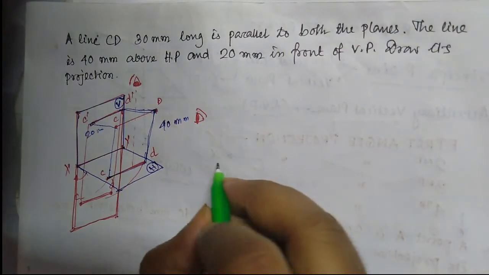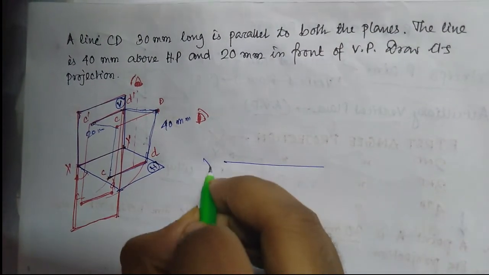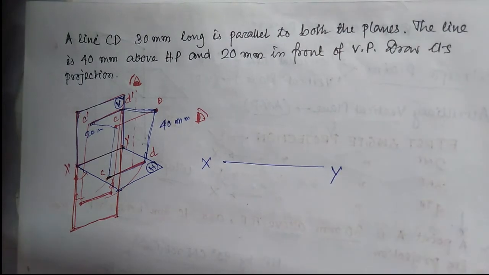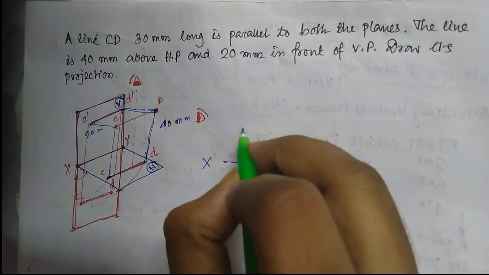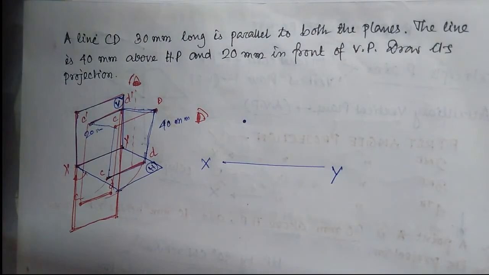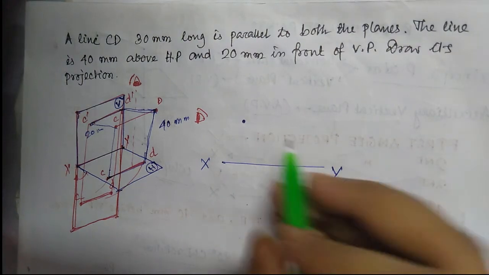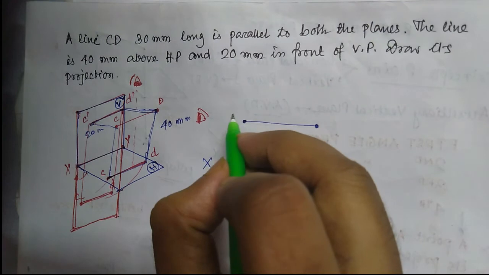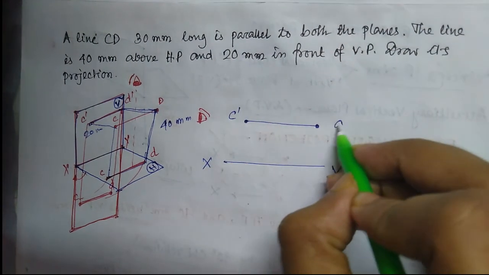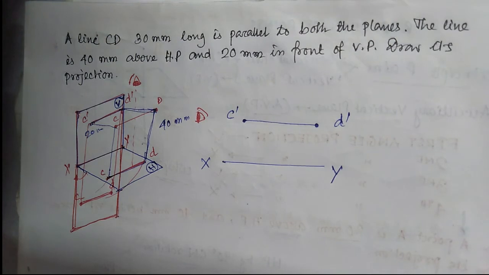So we will start with XY, principal axis or reference line, then 20 millimeter above XY we will draw a point C first, then at a distance of 30 millimeter in this direction we'll draw D. So this is nothing but C prime and D prime of 30 millimeter length.